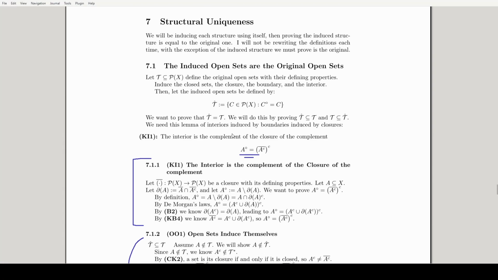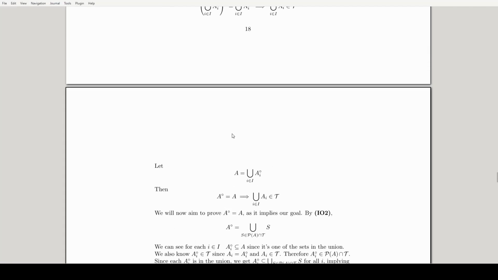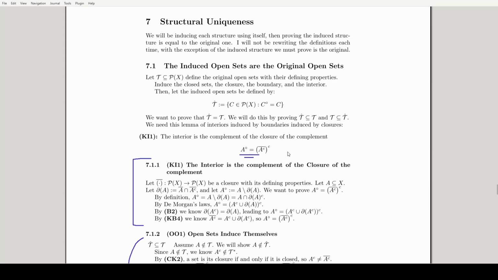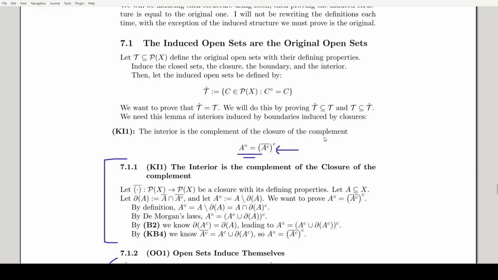Where is that theorem? Okay, here it is. It's this theorem. We take the complement of both sides and we get that the complement of the interior is the closure of the complement.